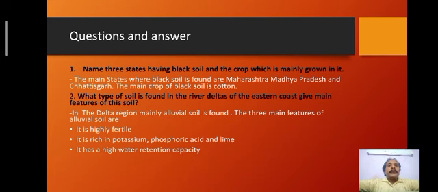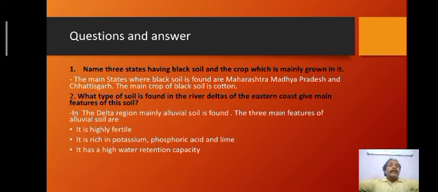Second question, what type of soil is found in the river deltas of the eastern coast? Give main features of this soil. So as you know, a delta is formed by the rivers when the rivers meet the sea.